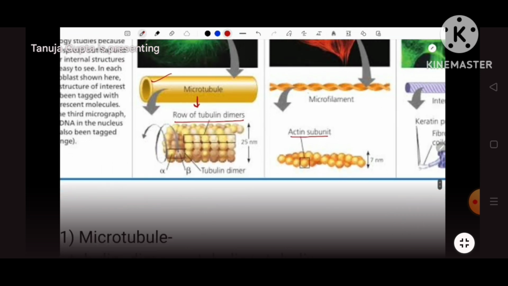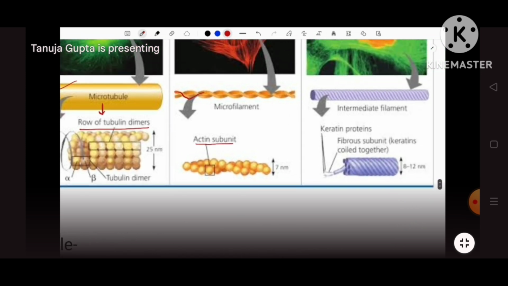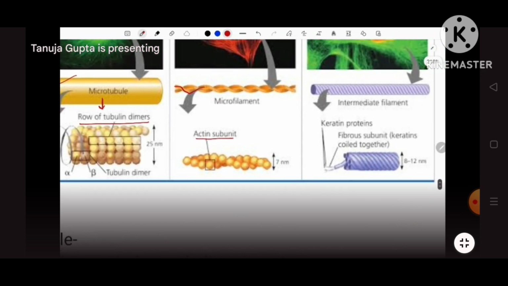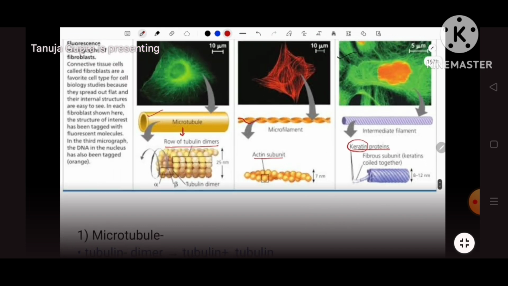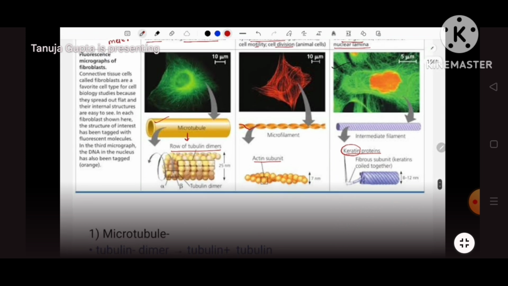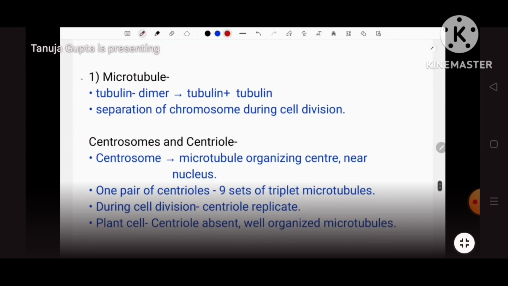In this one, actin protein coils around each other, making the thinnest, solid tube. And here this is coil, where the protein prominently present is keratin. Got it? Now let's take each one further in detail.